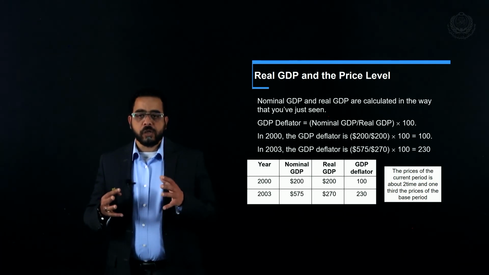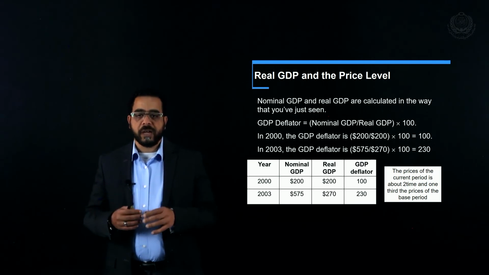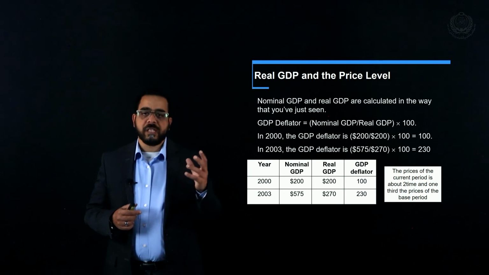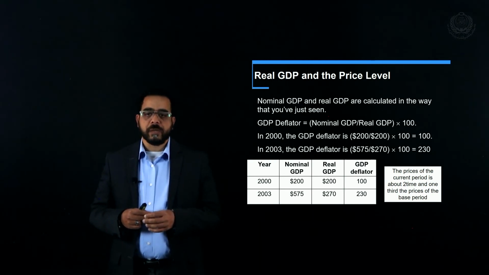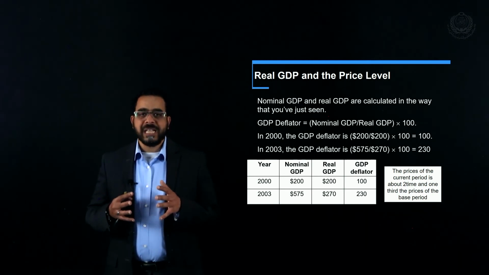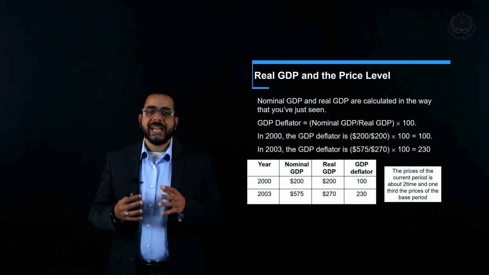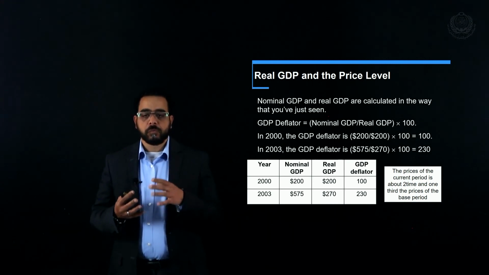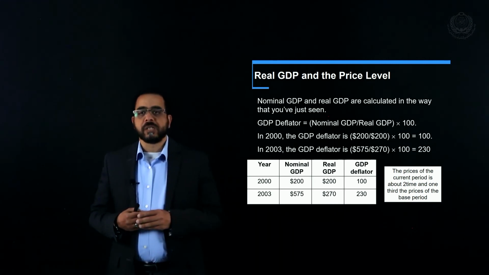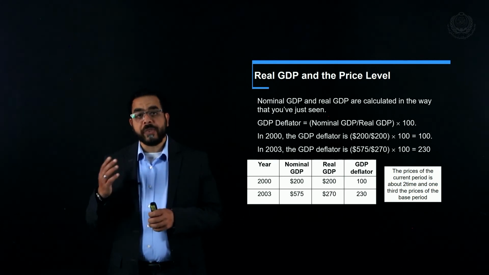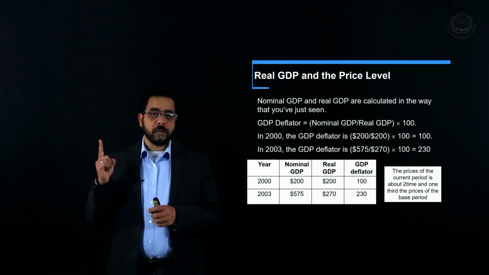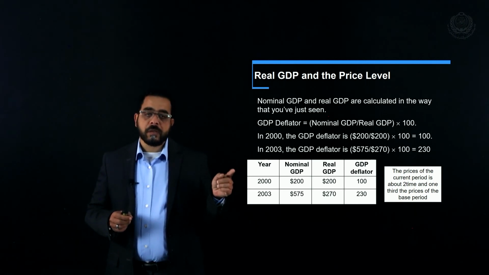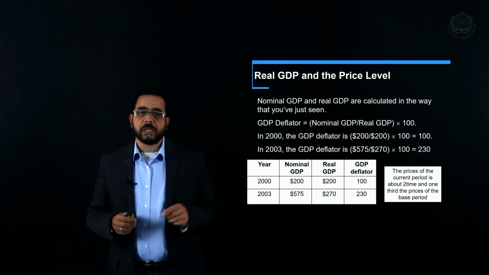The deflator will be the nominal GDP at 575 over the real GDP of 270, and the deflator equals 230%. What does this mean? It means that the prices in the current period are about 2 and a third times the prices of the base period. So if something was worth £1 in 2000, it will actually be worth £2.30 in 2003.